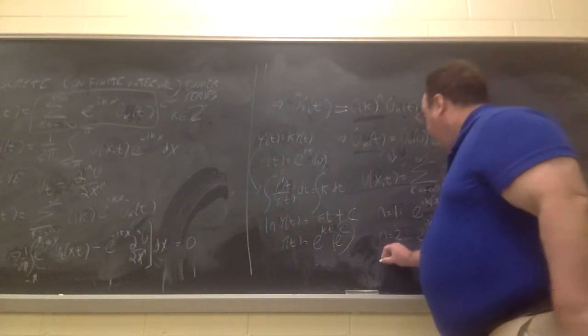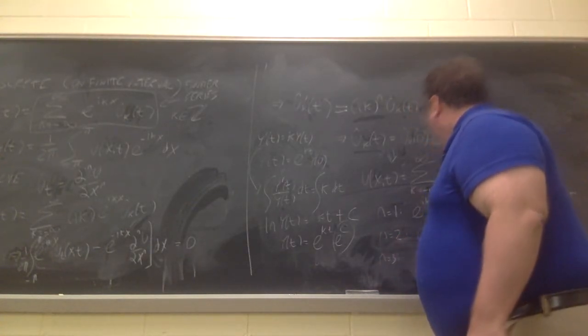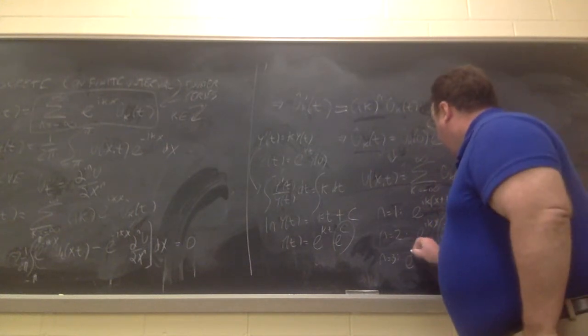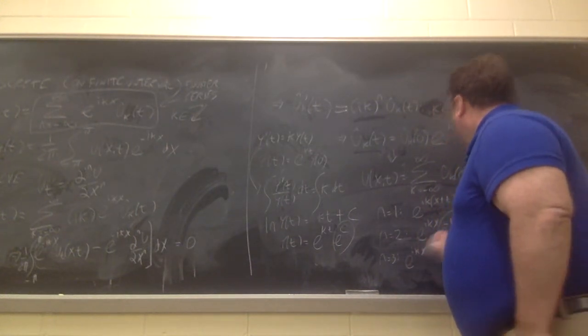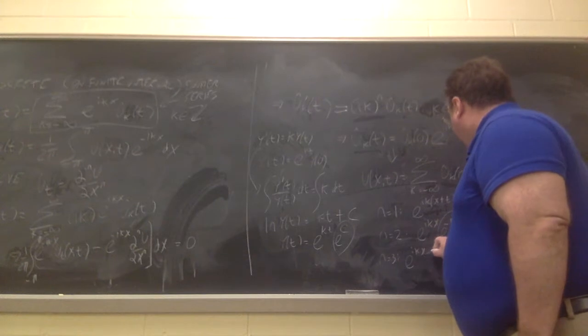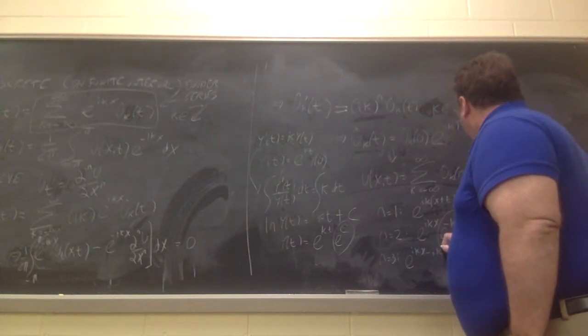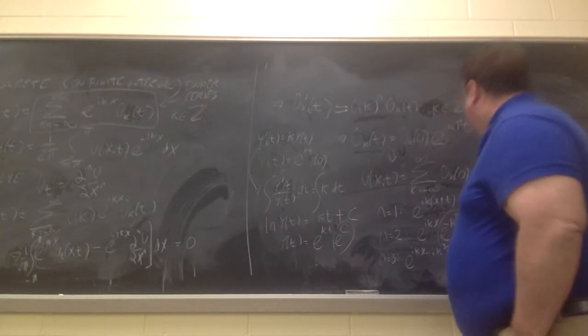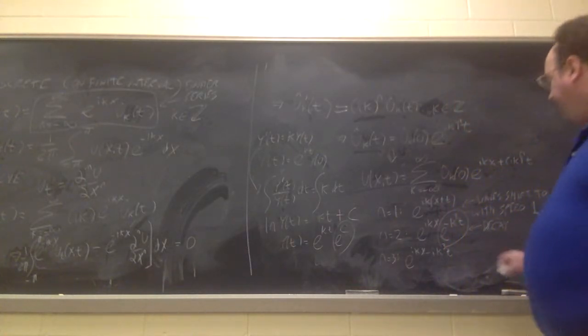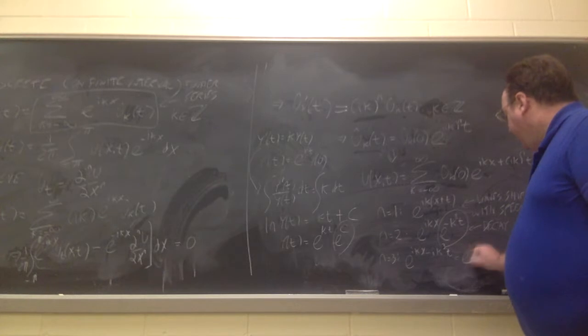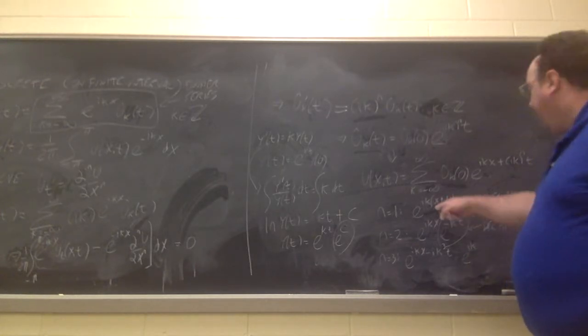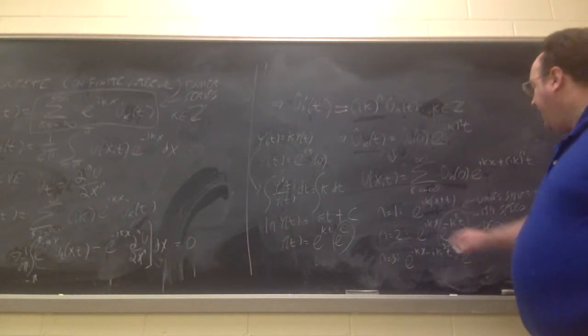And what about n equals 3? We have e to the i k x minus i k cubed t. Now, I'm going to rewrite this as e to the i k, where I factor out an i k like I did here.